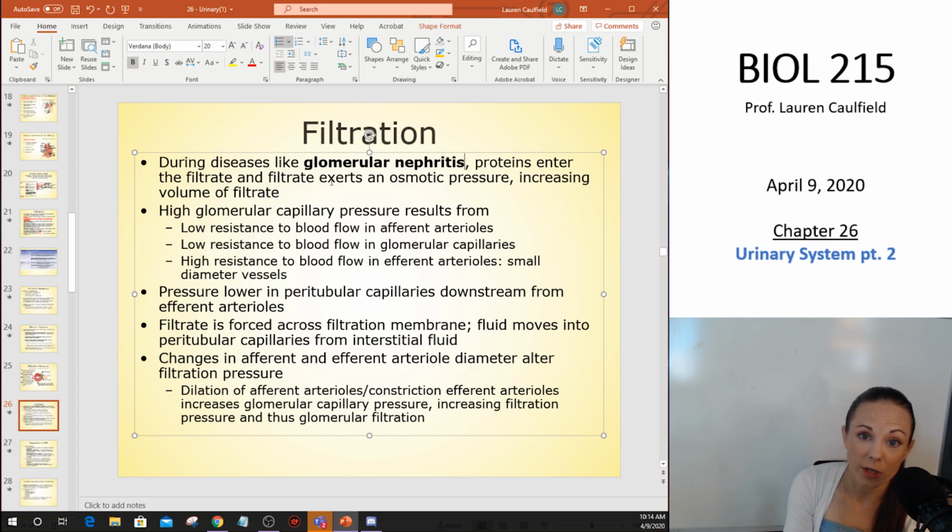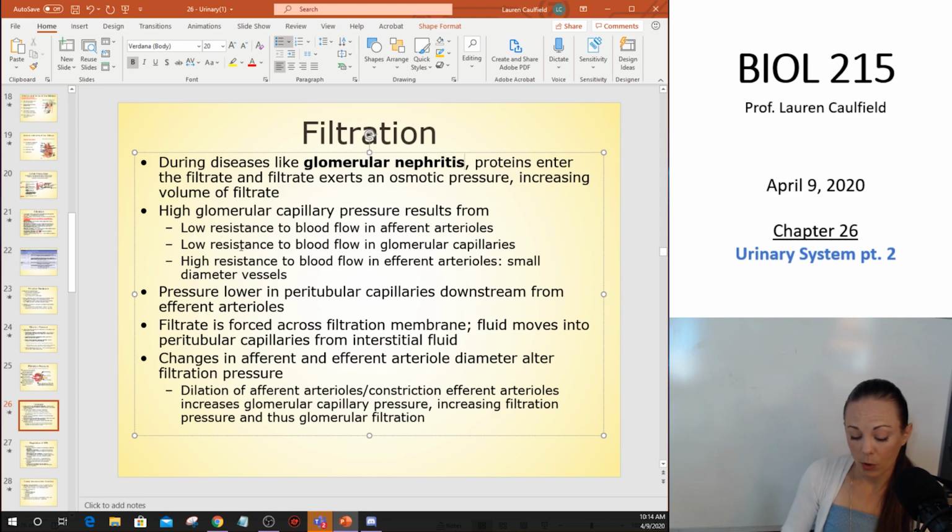And that filtrate, because it has those blood proteins that are responsible for creating an osmotic pressure, okay, is going to help draw more water out to follow that concentration gradient, which means that we are going to increase our volume of filtrate, okay? So if we affect the movement of things across that filtration membrane, we are going to affect how much filtrate we are making, as well as what ends up in that filtrate.